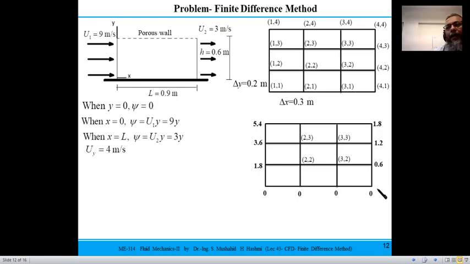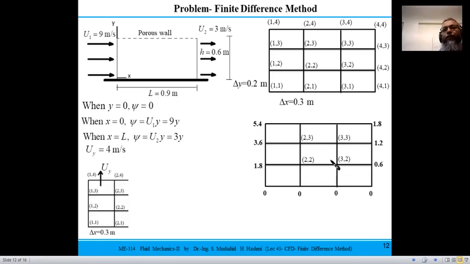So I have the value of the stream function at the boundaries because of the boundary conditions given. So I know the stream function here, here, and here. I need to work out stream functions at these points as well as these 4 points in the middle. So this is something I have to work out.